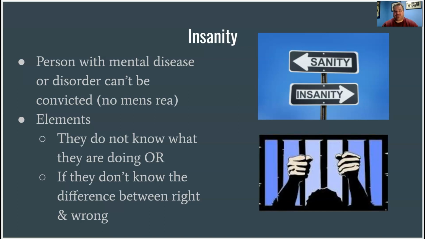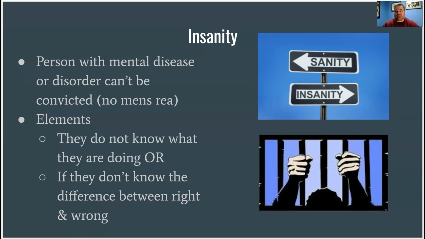Now, what are the elements of insanity? It reads simple, but is a really tough proof question. So you either got to show that the defendant at the time didn't know what they were doing. You might be arguing that they were in some sort of fugue, that they had a dissociative event and they weren't in touch with reality.